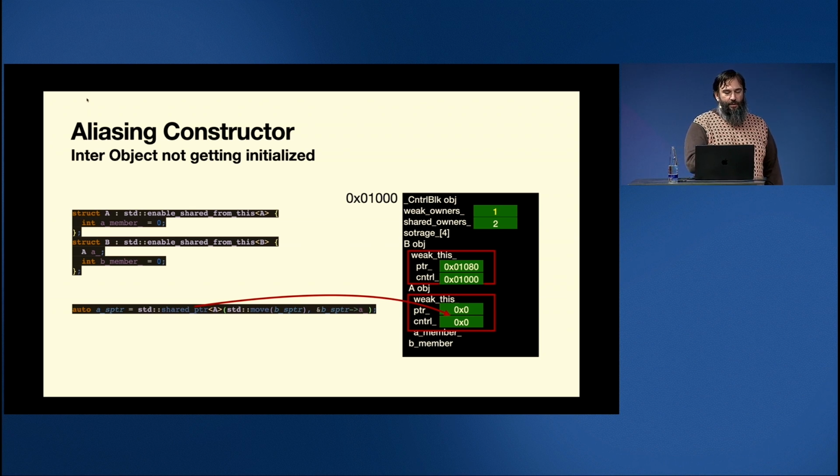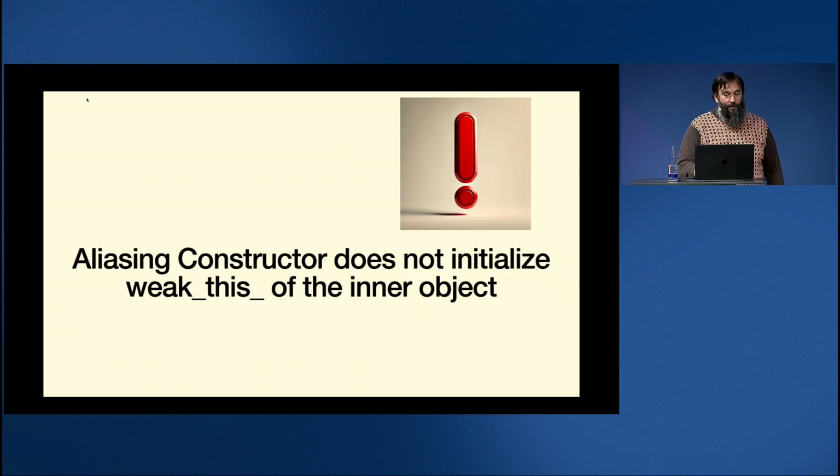Now, what the shared pointer with the aliasing constructor is supposed to do is initialize the A object's weak from this. Now, guess what? It does not initialize it. And actually, there is no way you can initialize it.